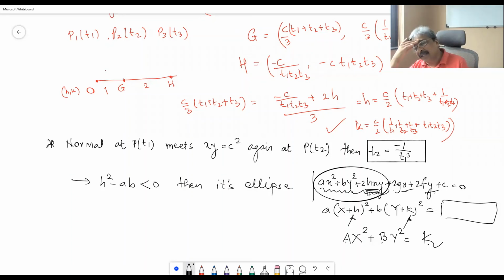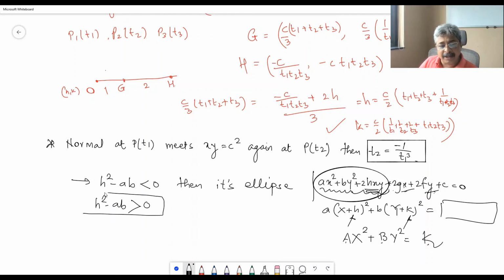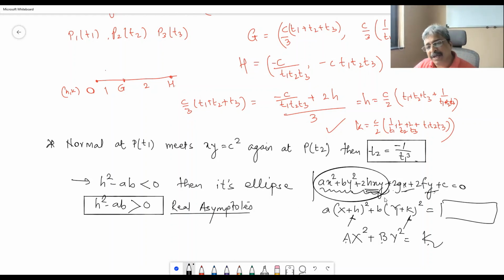If we could complete the square of the homogeneous part, that means h square minus ab must be equal to 0. In that case we end up getting a parabola. Now if h square minus ab is greater than 0, then we end up getting two real asymptotes, because the homogeneous part equal to 0 is the joint equation of asymptotes. They are straight lines passing through the origin.